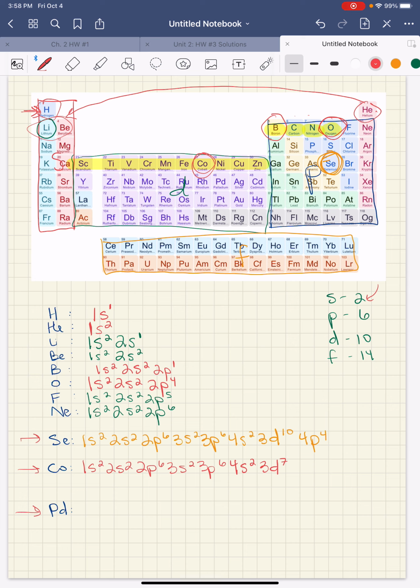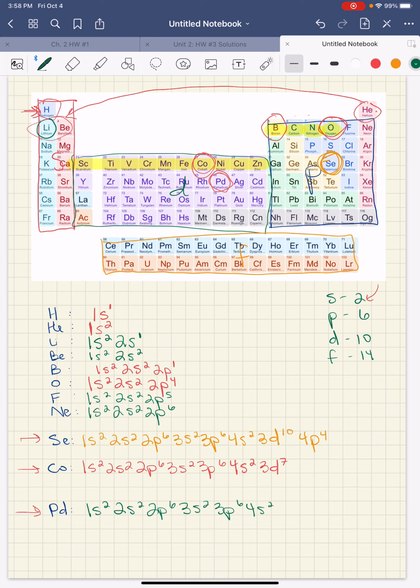And then finally, we're going to try one more that is even further down the periodic table. We are going to go all the way to palladium. All right, so starting at the beginning, 1s2, 2s2, 2p6, 3s2, 3p6, 4s2.